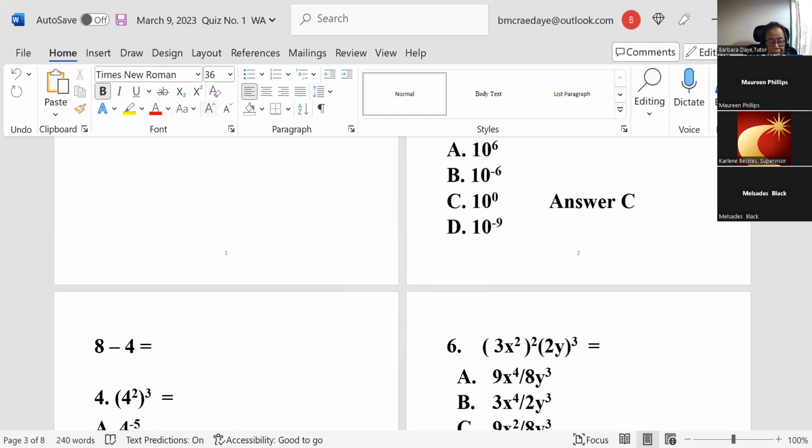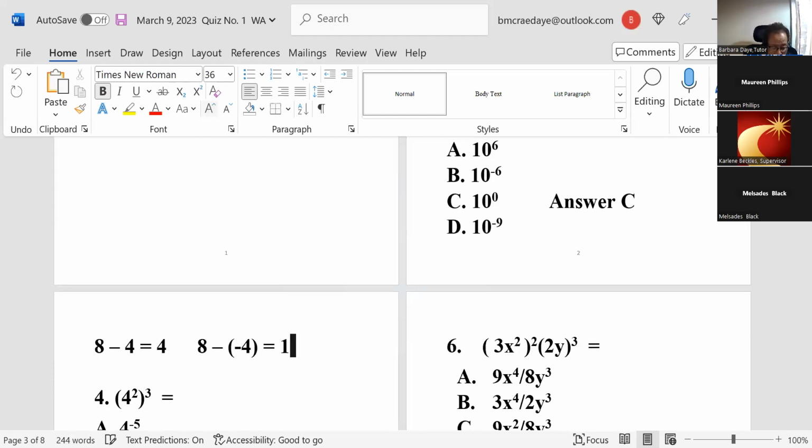It's equal to 4, right? Yeah. Suppose I gave you 8 minus, and now I put a sign of negative on the 4. What is that equal to? I'm going to say it's equal to 12.